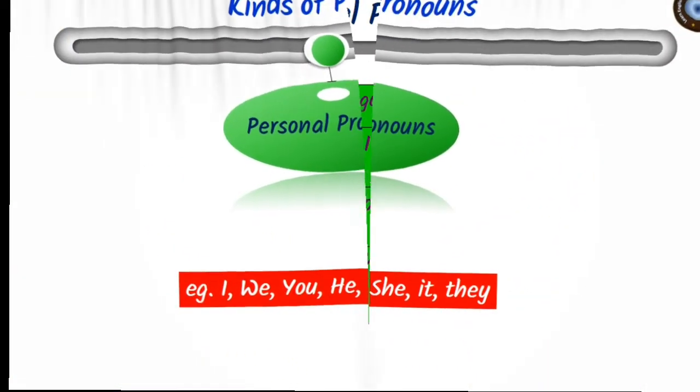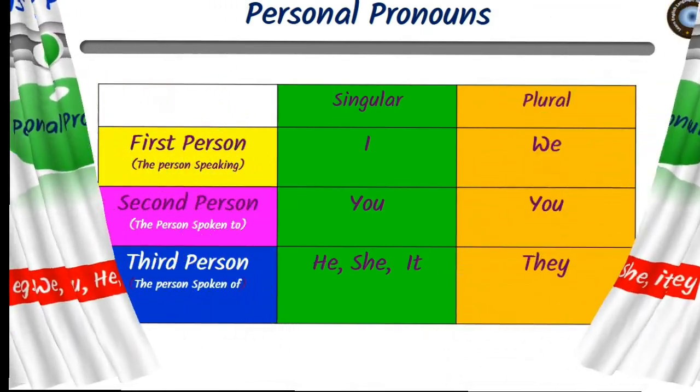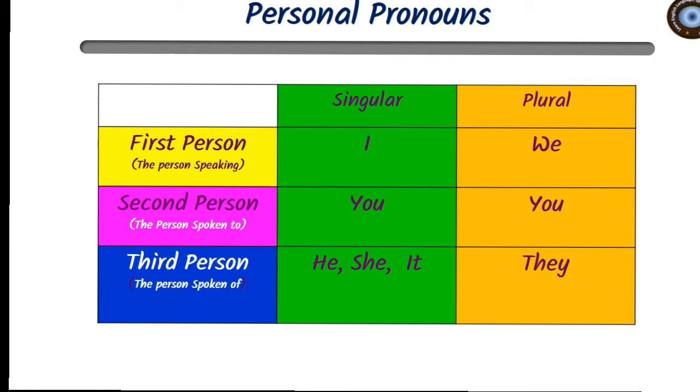First is personal pronouns. I, we, he, she, it, they are examples of personal pronouns. They are divided into first person pronouns, second person pronouns, and third person pronouns. The first person singular pronoun is I. It's the person speaking, and its plural is we.